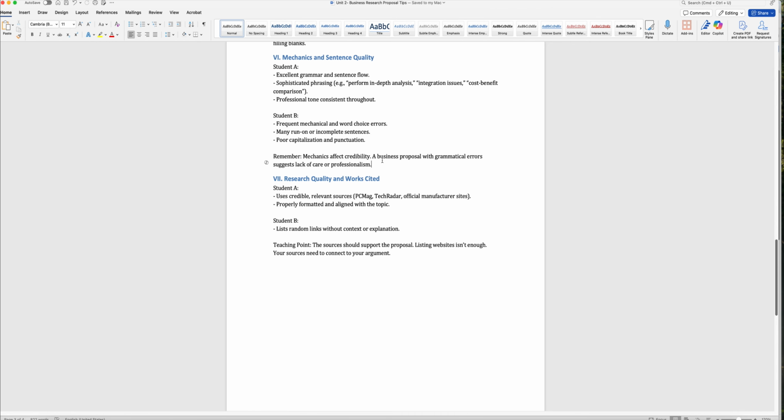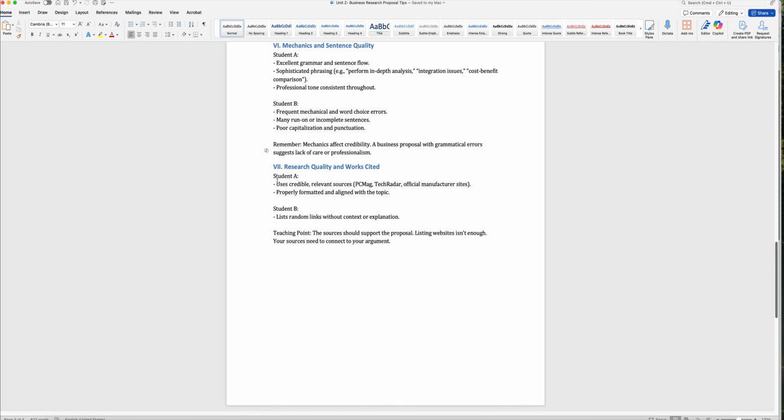A business proposal with grammatical errors suggests a lack of care or professionalism. And for the works cited page, I will share a link to show you the right way to cite your papers. If your works cited page isn't perfectly formatted, it will not be make or break for a good grade versus a bad grade, but it is important to do correctly, so I won't spend much time here.